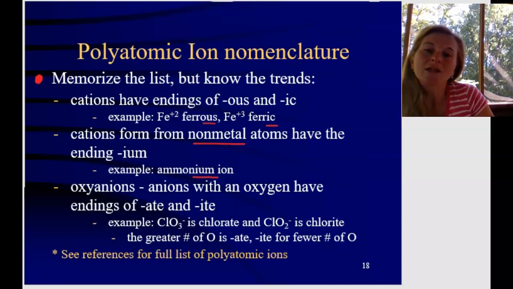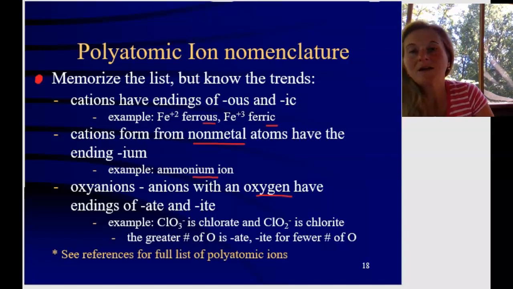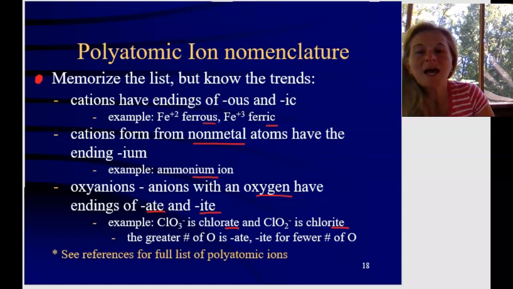Oxyanions are anions with an oxygen, and those are those polyatomic ions that you memorized in Chem 1, and they're going to have those ate and ite endings. So for example, here we have chlorate and chlorite, and how you know the order is that the greater number of oxygens is going to have the ate ending, and the fewer number of oxygens is going to have the ite ending.